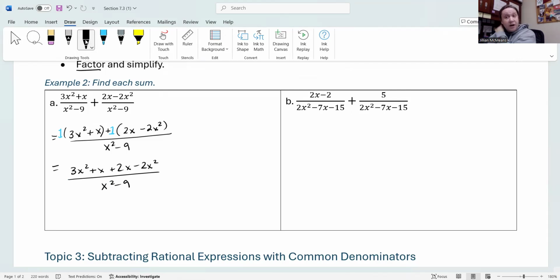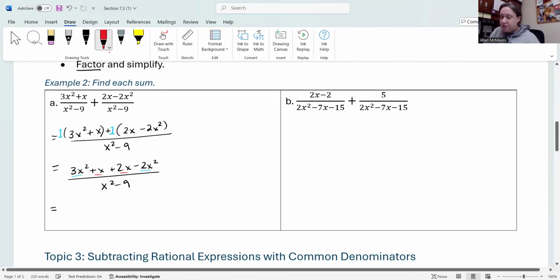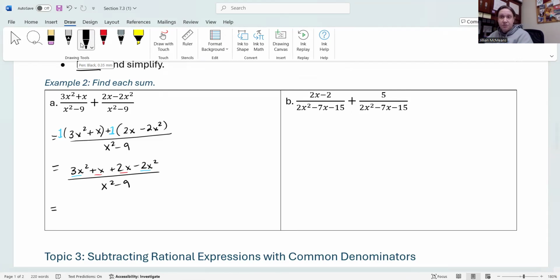We want to simplify our numerator completely, so that means combining like terms. Well, if I look here, I have x squared terms, and I also have just x terms. So let's combine our x squared terms, then we'll combine our x terms and see what we have. Looking at the numerator, I have 3x squared minus 2x squared.